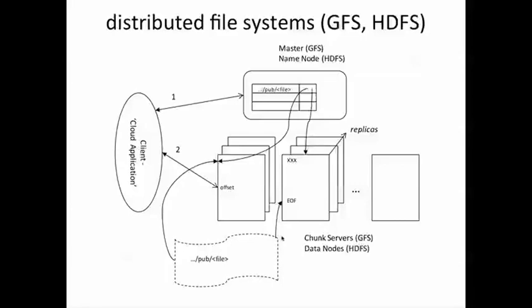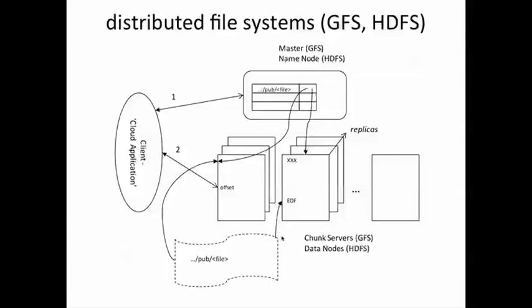So here is how that works. When a client application, say a MapReduce program, needs to read data, it needs to first figure out where a particular piece of data resides. A read command typically is issued with a file name, which is a path in a directory structure, and an offset, that is how many bytes ahead in the file the client wants to read.